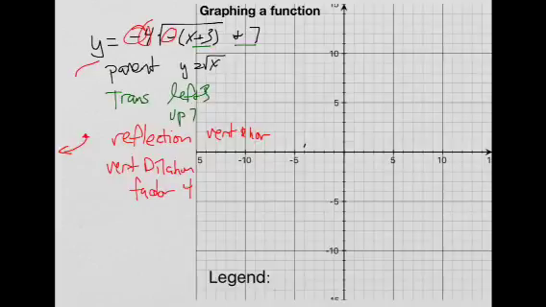That's again a double check when I'm looking at my answer. But the translation is the thing that helps me get started first, because the translation gives me my starting point. So I start left 3 and up 7. That's going to be my starting point.